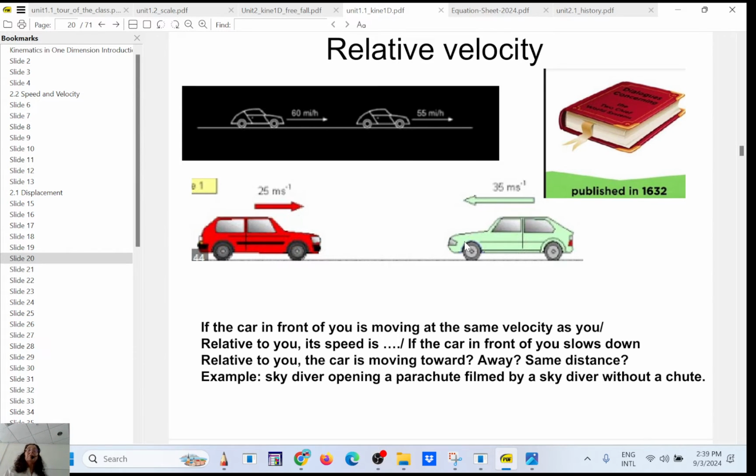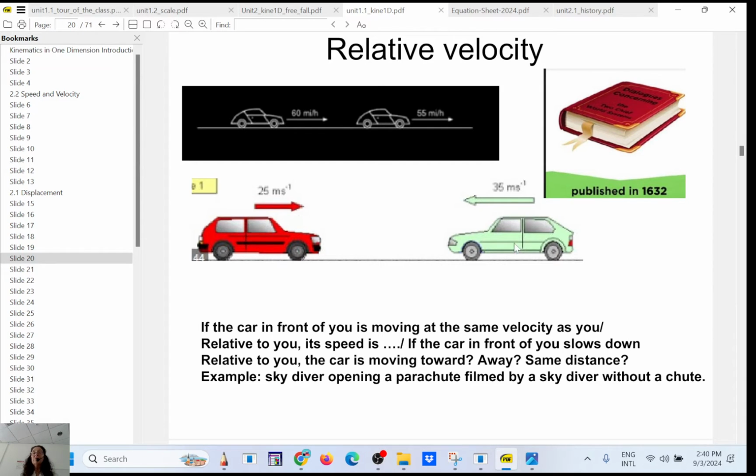So the relative speed in your frame of reference, you are not moving. You are driving, but you are not moving relative to the car. You cannot start driving off the car, so you are at rest inside of the car. Relative to you, this car is moving at a speed of 60, right? Does that make sense?